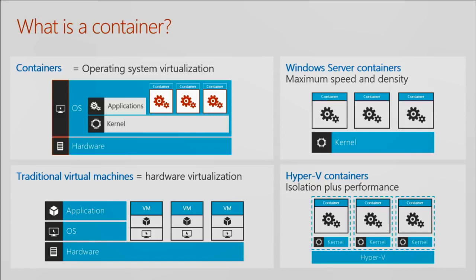This gives you greater isolation. Each of the containers on the bottom right are completely isolated. If one crashed, it would not affect the others, whereas that could be the case for a Windows Server container. Okay, so you've got to look here at which is the most efficient in terms of isolation or which is the most efficient in terms of performance. You have those two choices.